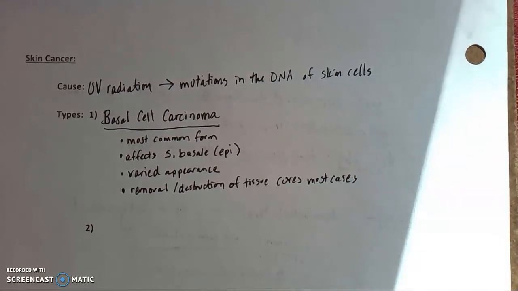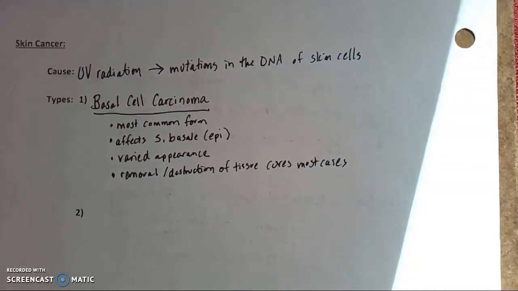And the only bad thing is if it's a large basal cell carcinoma, it's on your face, you might have a lot of scarring. But they can heat the tissue or freeze the tissue also to kill that tissue. And since it's in the epidermis, they might not have to go the whole way down into the dermal layer, but they might take a little bit of the dermis as a precaution.